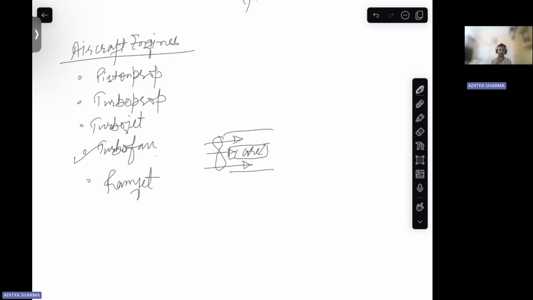So this basically is your turbofan rig. Then ramjet is there, where you don't have a compressor or, for that matter, a turbine. This is used for supersonic speeds. So these are the different engines that have been introduced in this week two.